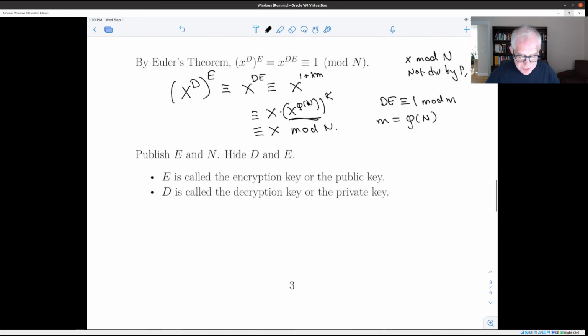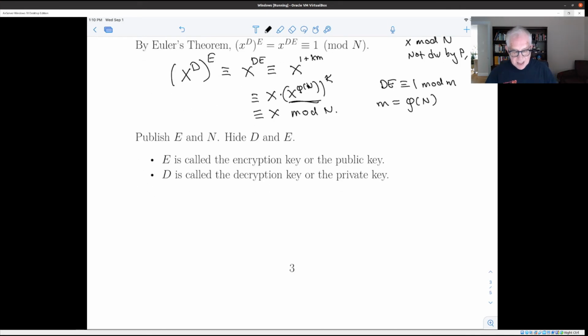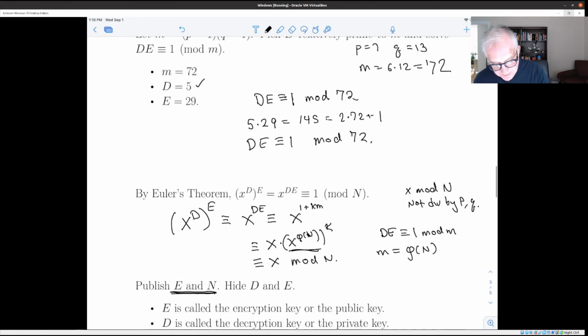So here's how you do the RSA algorithm. You publish, so that everyone can see them, the numbers E and N. So in our case, we would publish N equals 91, E equals 29.